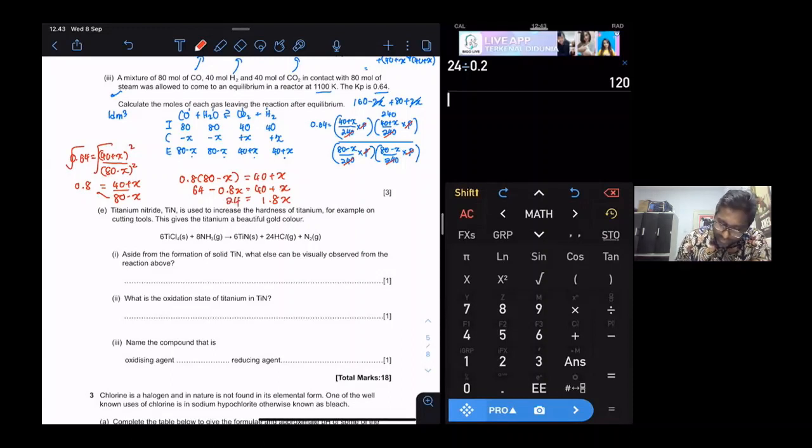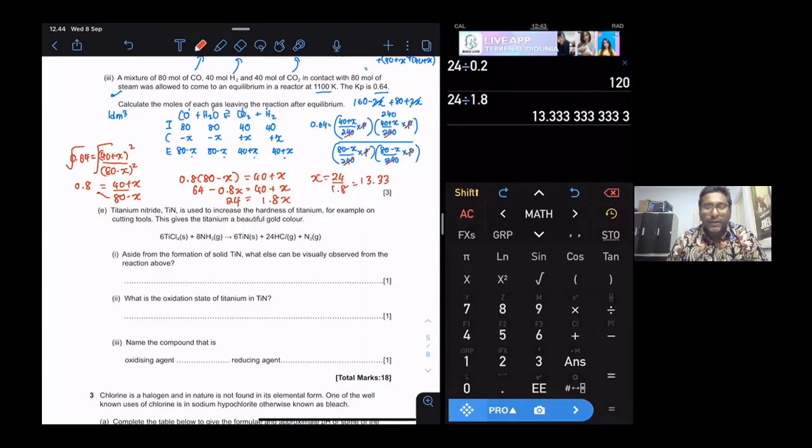So what is going to be my x? x equals to 24 divided by 1.8. So what is 24 divided by 1.8? Which is going to be 13.333. I'll just put it like this.